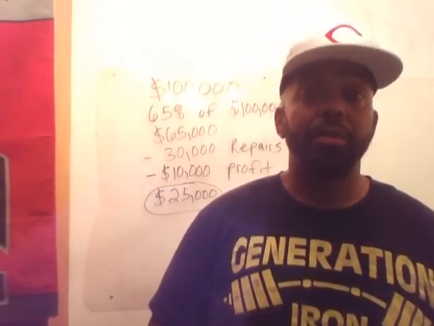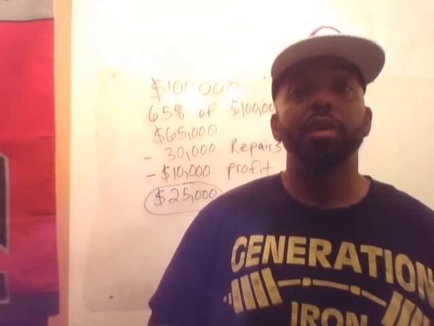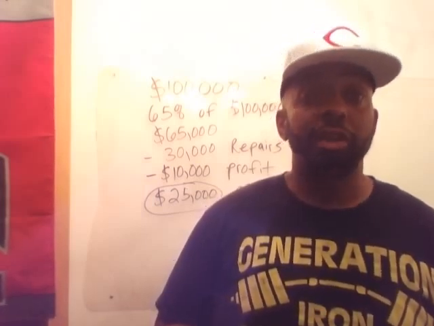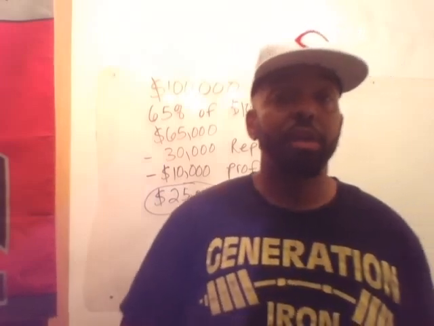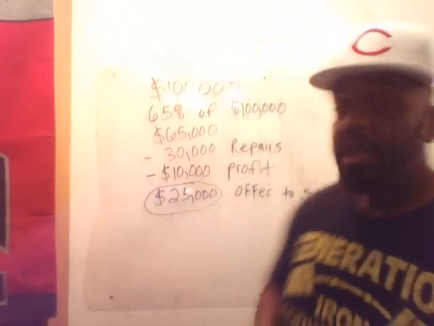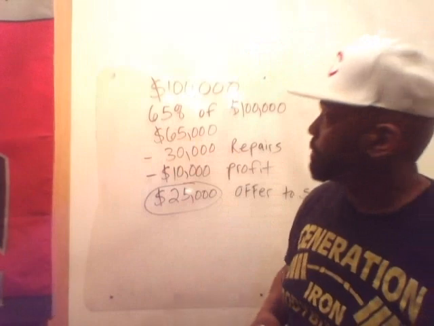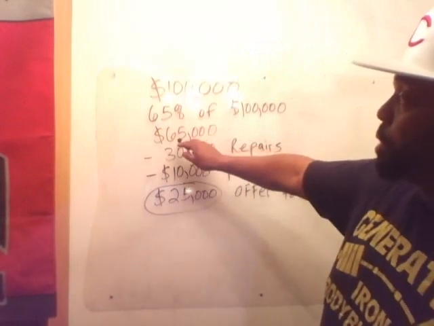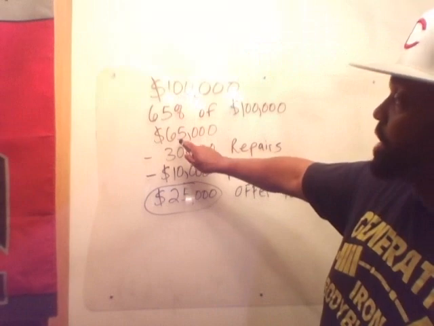So let's use an example. You realize that the after repair market value of that property was $100,000. From there, you want to multiply by 65%. Once multiplied by 65%, you come up with a value of $65,000.